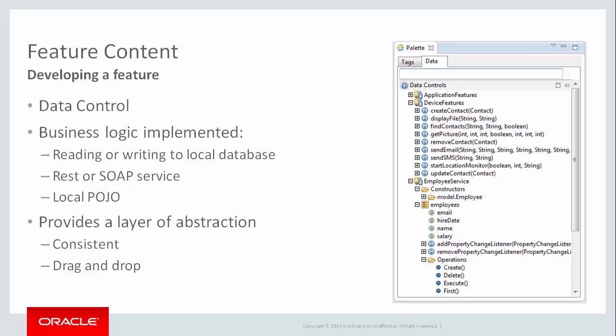So here you can see the data control gives you a generic abstraction of how to send SMS, and you can see that adding an employee is abstracted in the same way. If I wanted to trigger that business level function from a button press, I would simply drag and drop that data control onto the appropriate button. So now that you've had a whistle-stop tour of the basics, let's build a simple application.